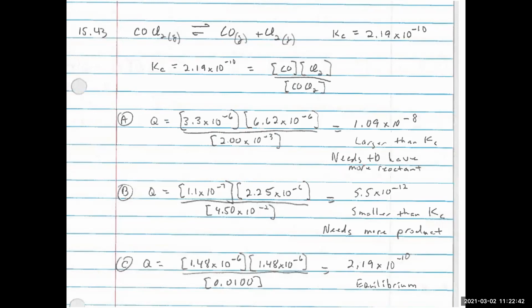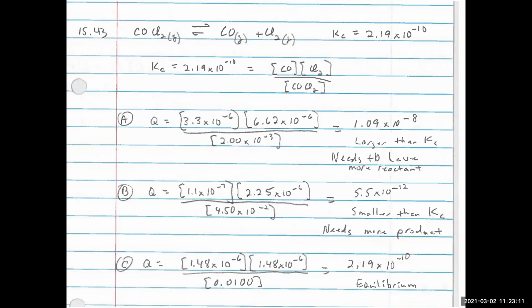Remember we talked about calculating something called Q, and we said Q was essentially the same setup as our equilibrium constant expression, with products over reactants. The difference is that the values we put in for the molar concentrations are the values at that point in time.